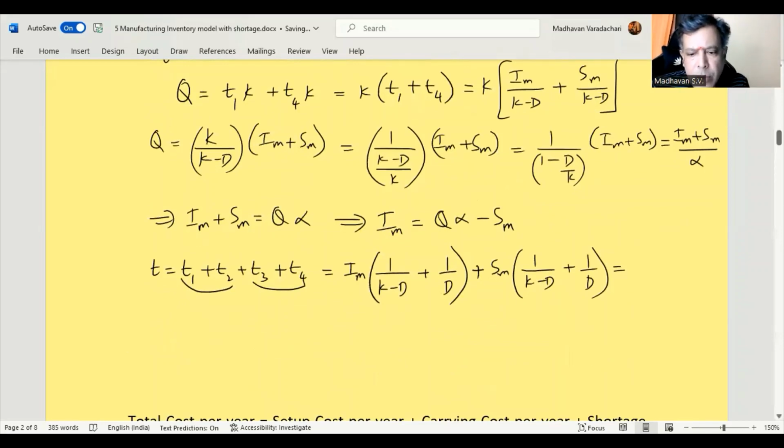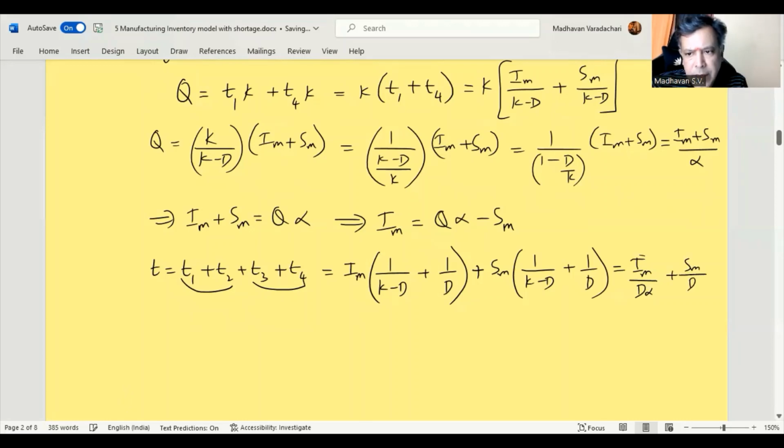So we can say now T is Im divided by D alpha plus Sm divided by D alpha. Or we can rewrite T times D alpha as Im plus Sm.